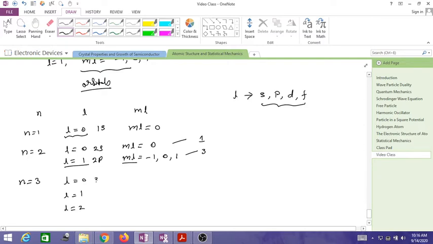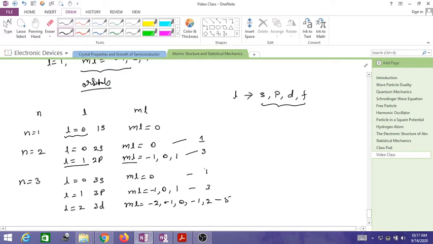So it means it is 3s, 3p, and 3d. Here ML can take 0, here ML can take -1, 0, 1, and here ML can take -2, -1, 0, 1 and 2. So here it has 1 orbital, here it has 3 orbitals, and here it has 5 orbitals. So hope you got this point.